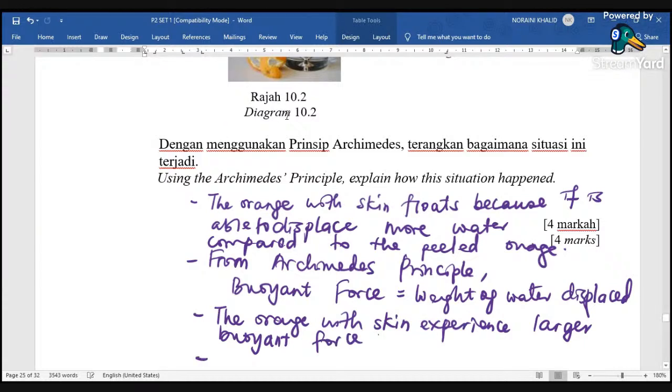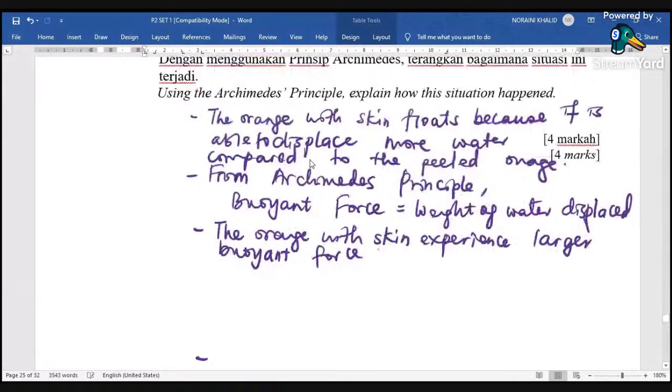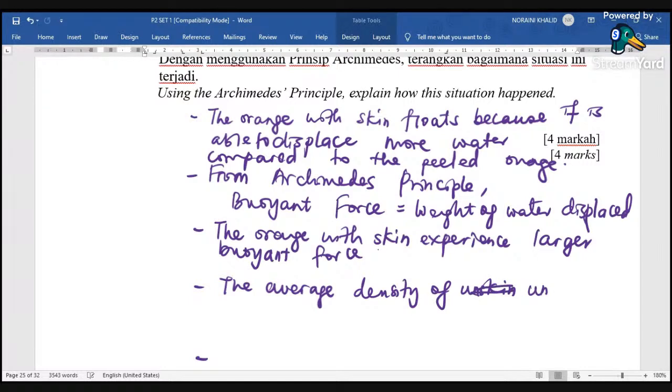Then one more, the average density of unskinned orange or unpeeled orange also can. Orange is lower than water.